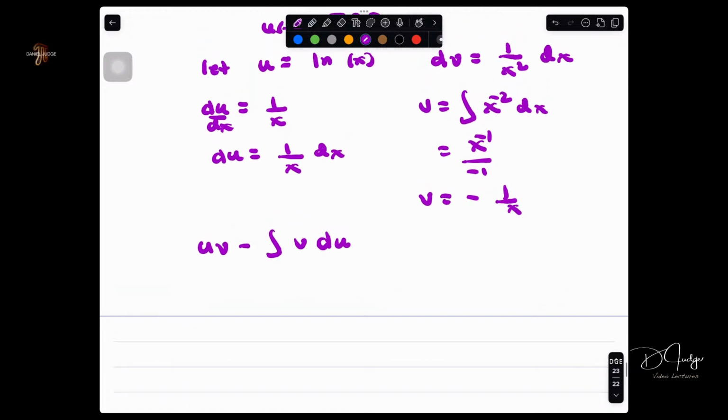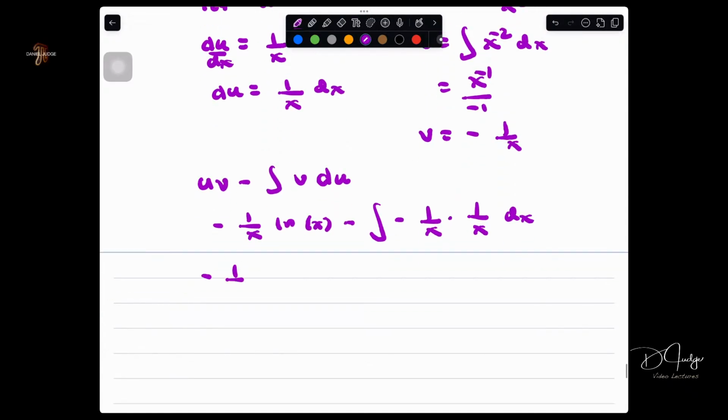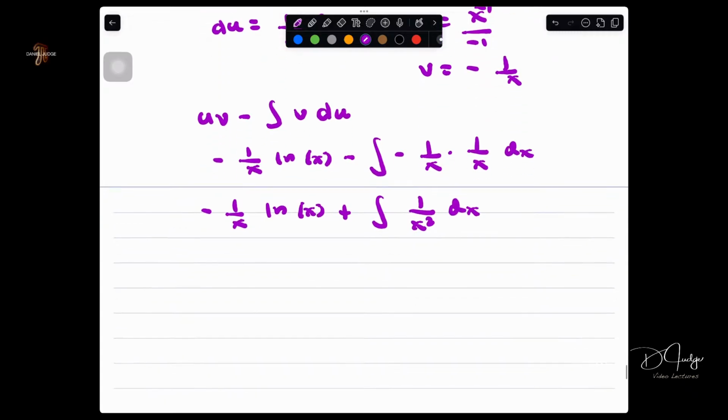All right, what does this give us? We get negative 1 over x natural log x minus the integral of negative 1 over x times 1 over x dx, which is negative 1 over x natural log x plus the integral of 1 over x squared dx.